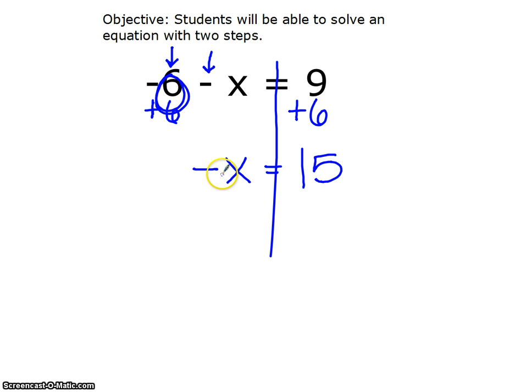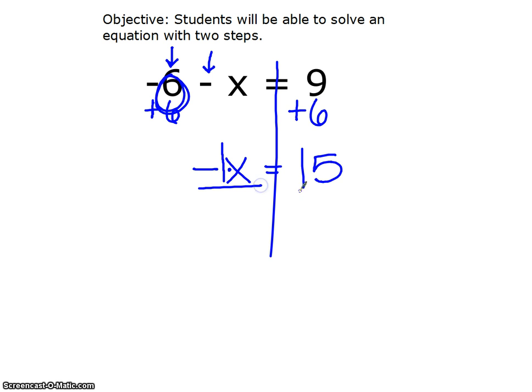And there's a hidden number right here that we can't see, and it is the number 1. Remember, 1x is the same as x. So when there's not a number in front, you can put a 1 there. And we know that when there's a number next to our variable, that's multiplication.